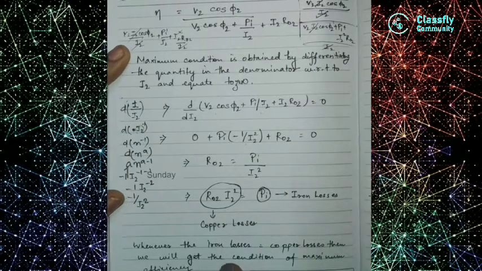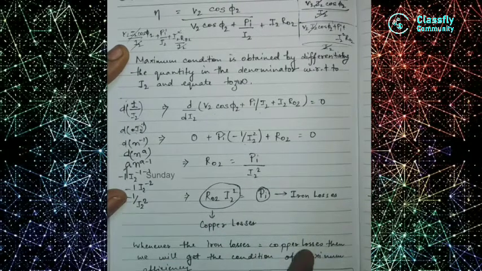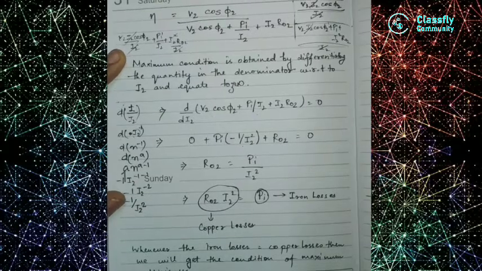So whenever the iron loss is equal to the copper loss, we get the condition of maximum efficiency. We will keep either the copper loss or the iron loss in our efficiency formula to get the maximum efficiency of the transformer.